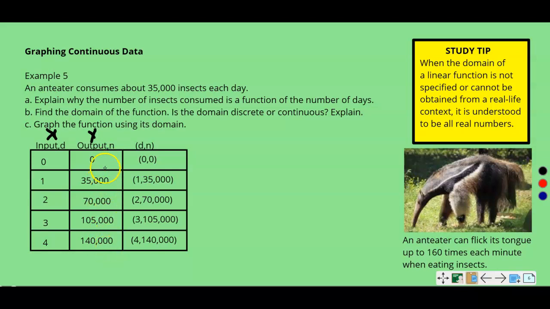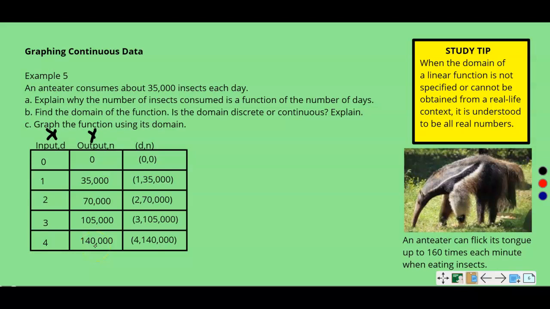You're going to have to use great big numbers for your scale. So once you decide that the number of days is on the bottom and the number of insects consumed is the output, since the anteater consumes 35,000 insects a day, that's going to determine how you can have your graph.